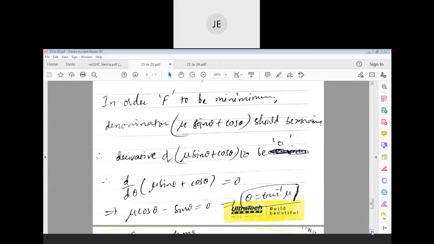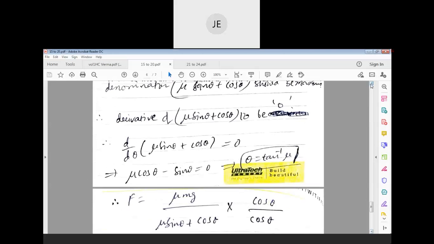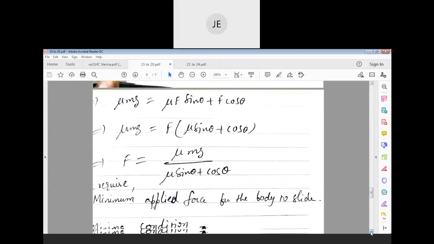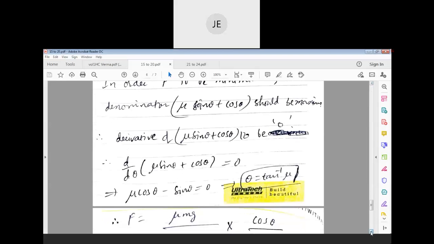So you got the angle, you got the force also. This is the magnitude of the force to be applied, and this is the angle at which it is to be applied, that is theta is equal to tan inverse mu.